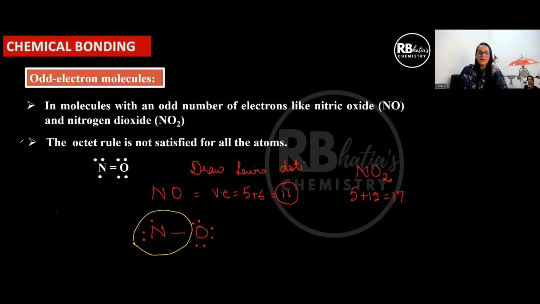So if I try now to make nitrogen contribute its electrons, let this pair be shared with nitrogen. Nitrogen now has 7 electrons. In case I make another pair come here, now it has 9.